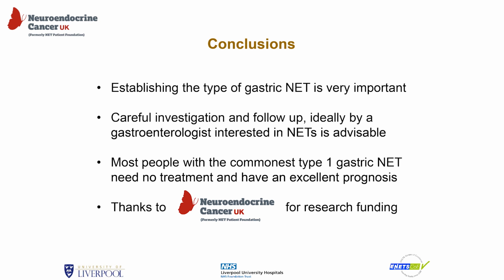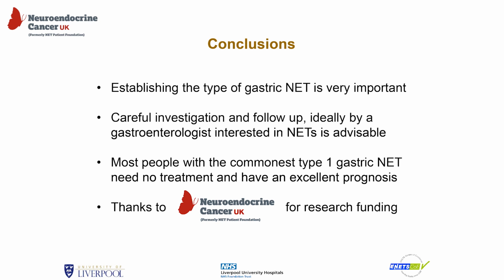As I've already mentioned, one of the main take-home messages of this talk is that establishing the type of gastric NET is very important, and this is essential before you can embark on treatment. I would therefore suggest that in most cases, the assessment, follow-up and treatment of gastric neuroendocrine tumours is best undertaken by a gastroenterologist who's interested in NETs and who is able also to conduct the endoscopies that are required.